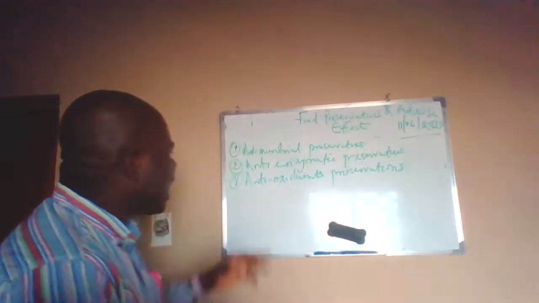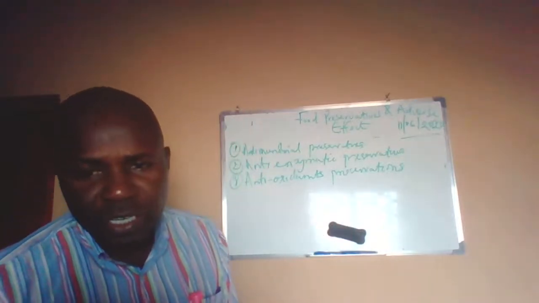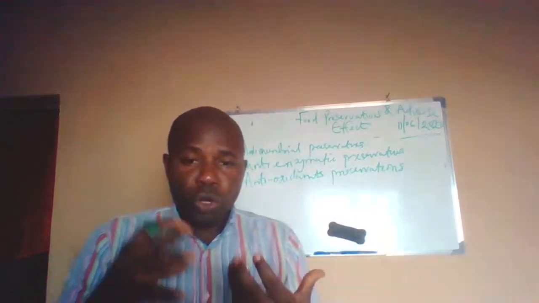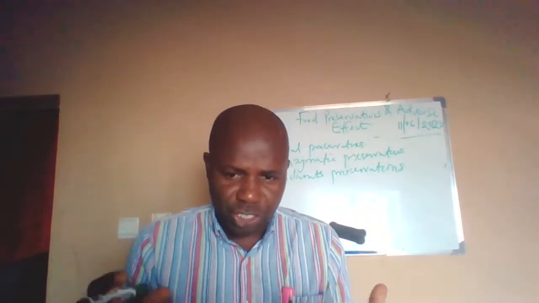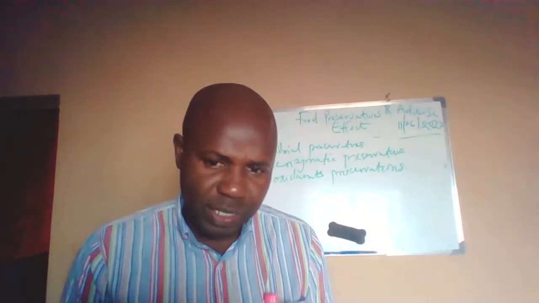We want to talk about the antioxidant preservatives. The antioxidant preservatives basically are the food preservative agents we use to prevent the oxidation process that takes place in food substances.